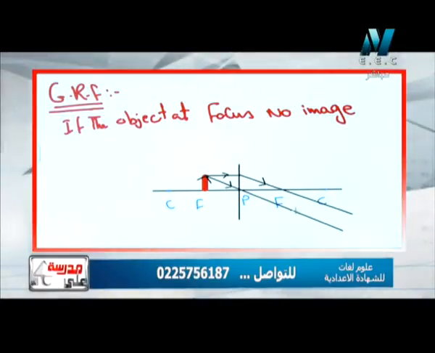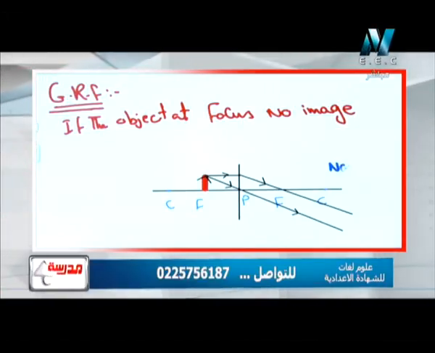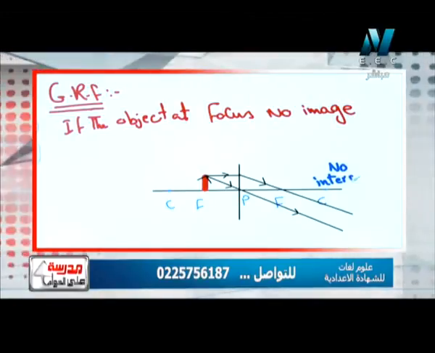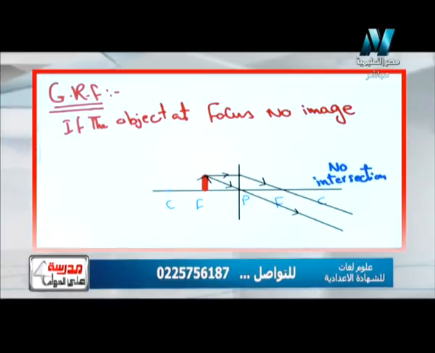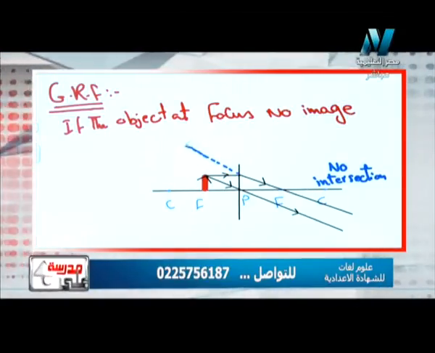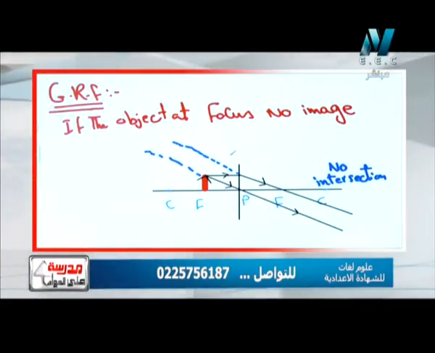There is no intersection of the refracted light rays on this side. At the same time, if we try to make an intersection of the extensions of the refracted light rays on this side, we have no intersection.